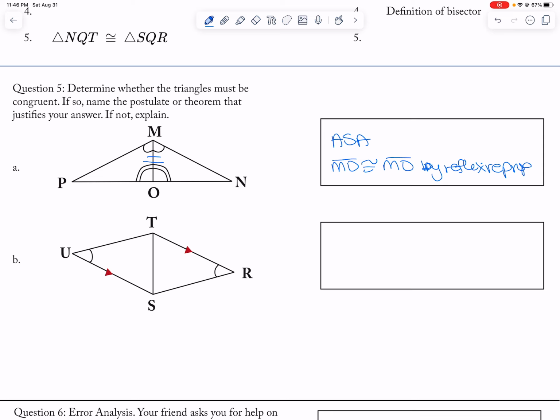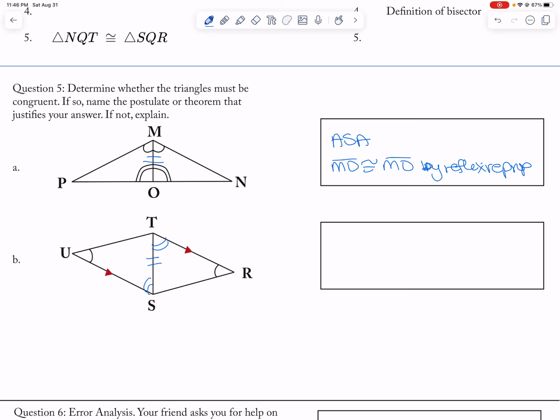And then here, I could say TS is congruent to itself, and angle TSU is congruent to angle STR. So those angles are congruent by alternate interior angles.